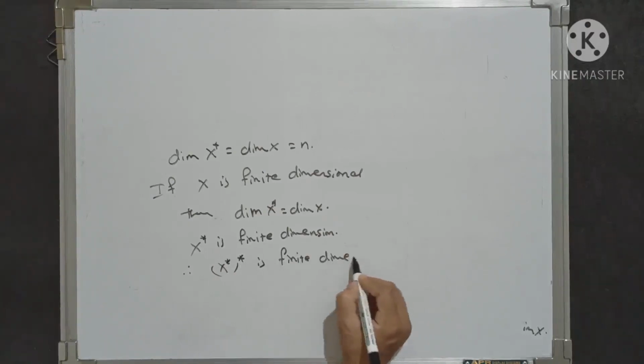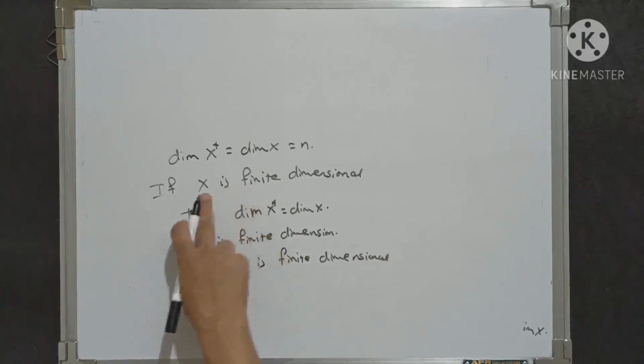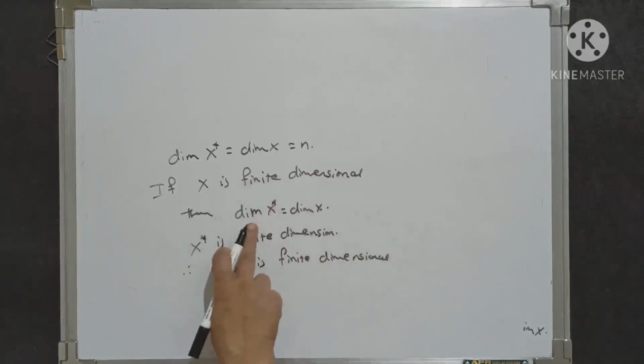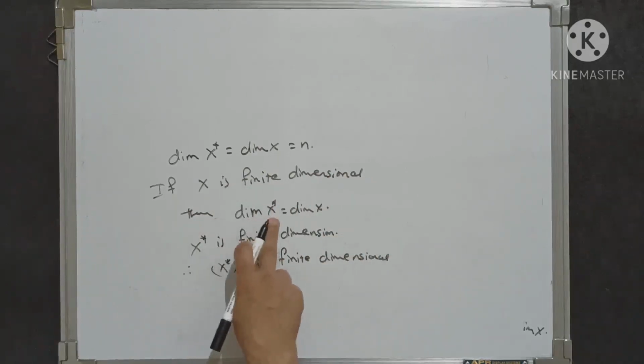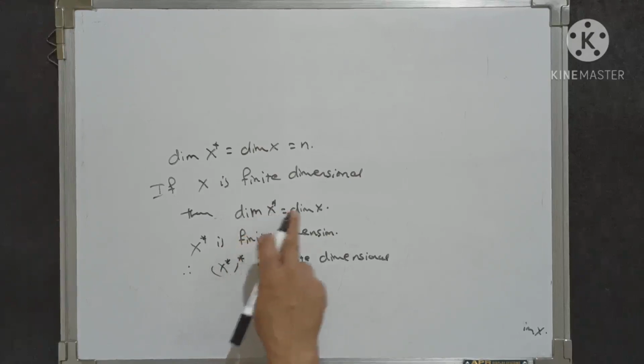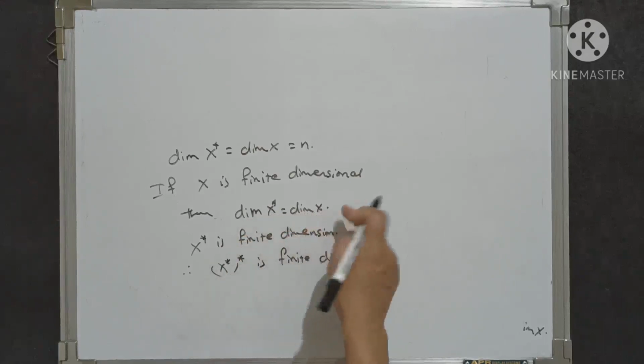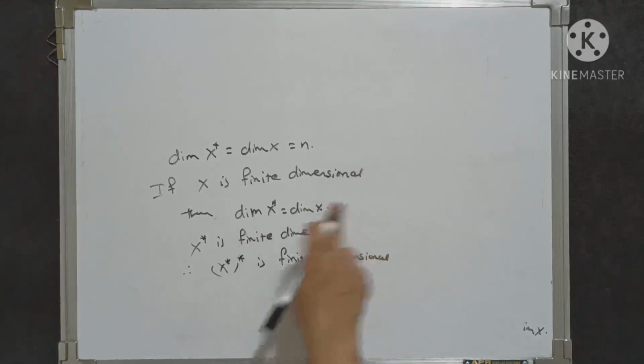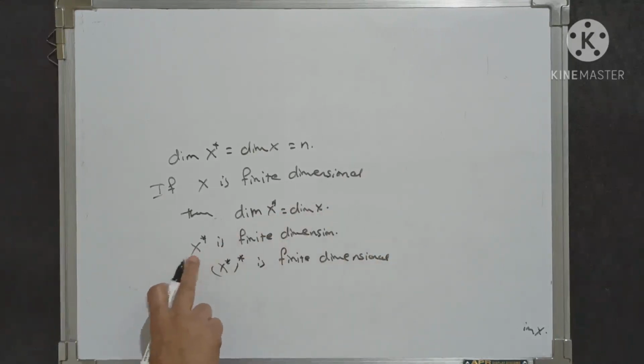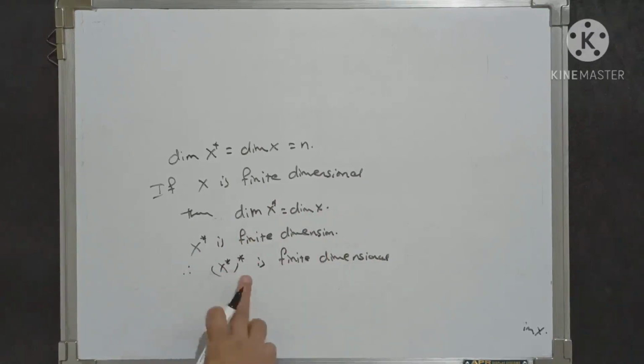Here in this theorem, if X is finite dimensional, then the dimension of its algebraic dual space equals the dimension of X. In the same way, applying the same theorem for X star, we get that X star is finite dimensional, therefore its algebraic dual space, the star of X star, is also finite dimensional.